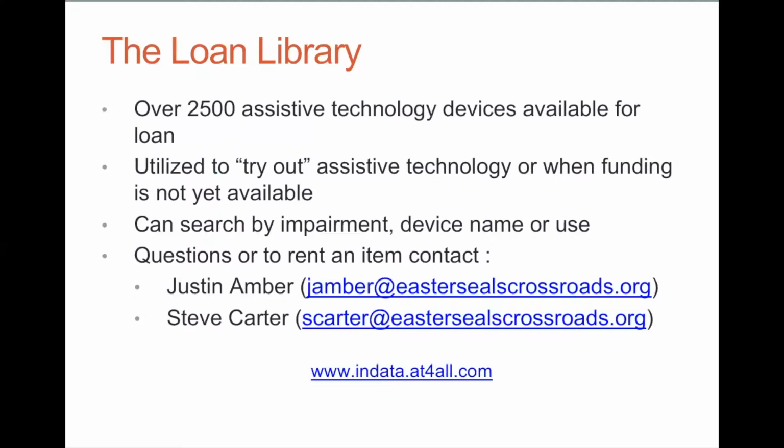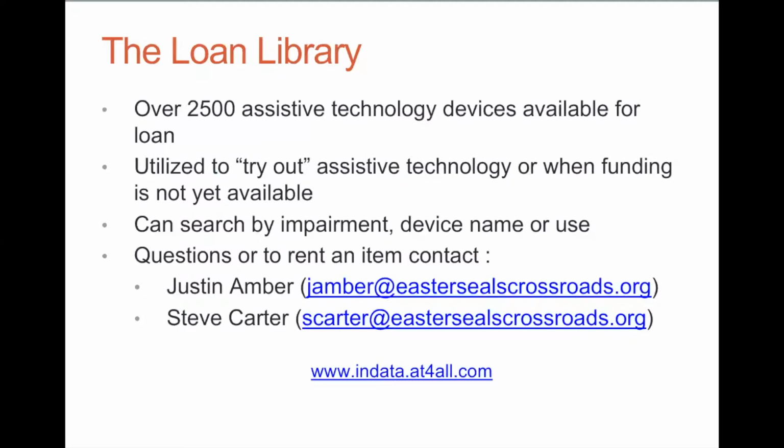Down at the bottom of the page, there's indata.atforall.com. You can go to that site. You can get there through eastersealstech.com as well, and actually set up an account. And you can search it by impairment, by the device name, by the use of the device. Let's say that I'm looking for something for someone with a visual disability.